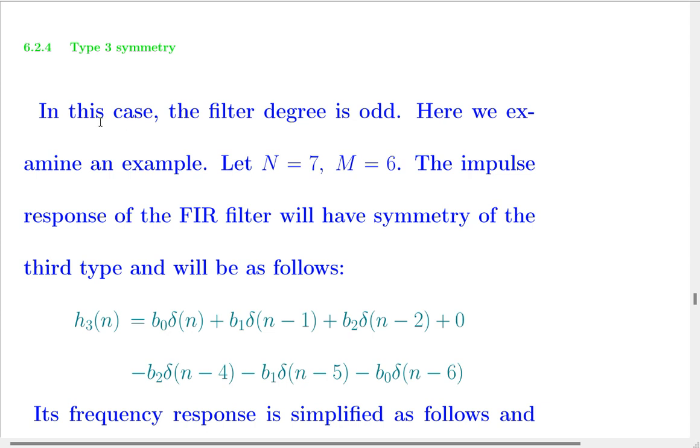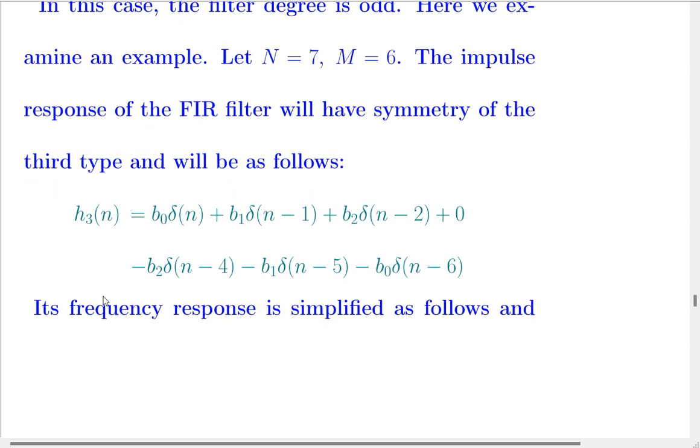Type 3. In this case, the filter degree is odd. Here we examine an example. Let N be equal to 7, M 6. The impulse response of the FIR filter will have symmetry of the third type and will be as follows.